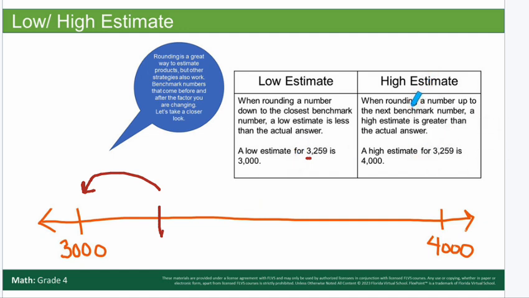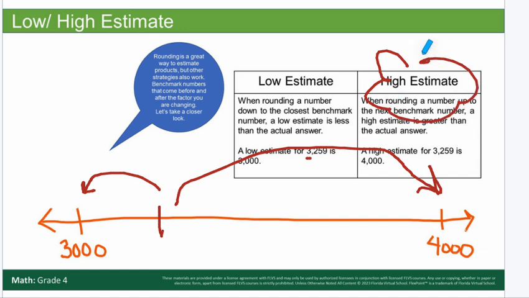Over here, if I'm rounding to the next benchmark number and I'm rounding up, well, that's a really big jump to 4,000. So that would be considered a high estimate, okay? It's a lot more than maybe my number had been.